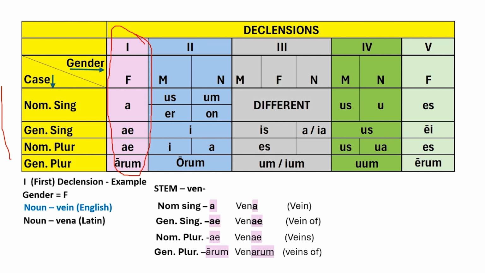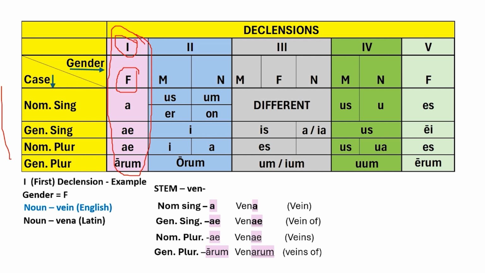So let us see what these tables are, what these numbers and alphabets represent. As I said, this number one is the first declension. This is gender, so all nouns in the first declension are feminine, with some exceptions.